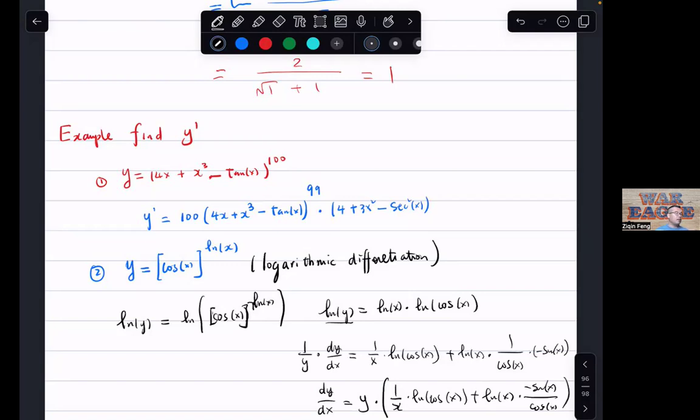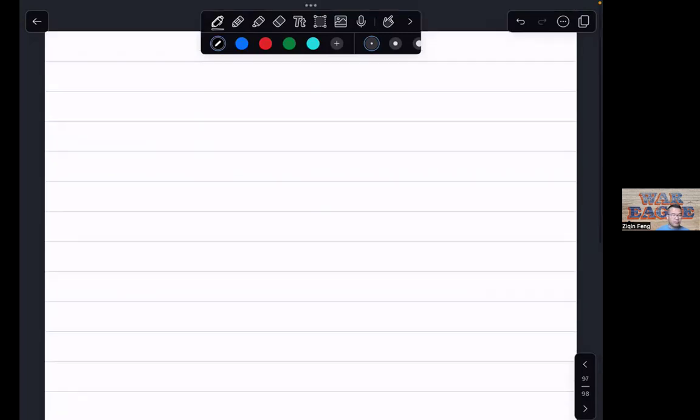And now let's see one example on implicit differentiation, and also let's try to figure out a tangent line problem. So let's see one more example.